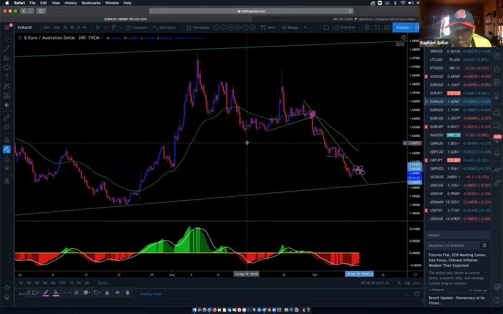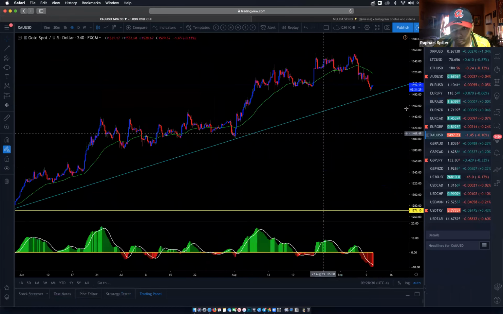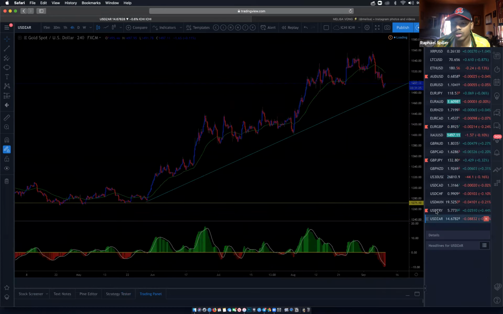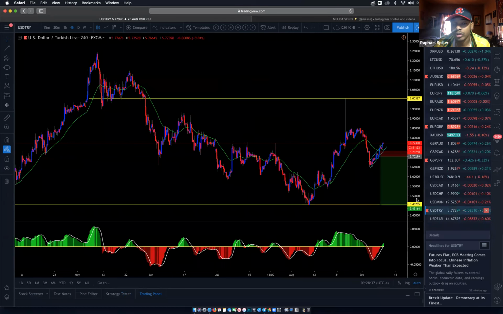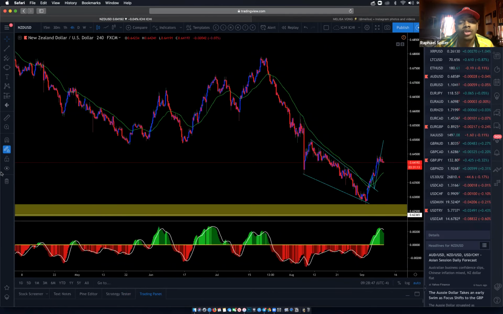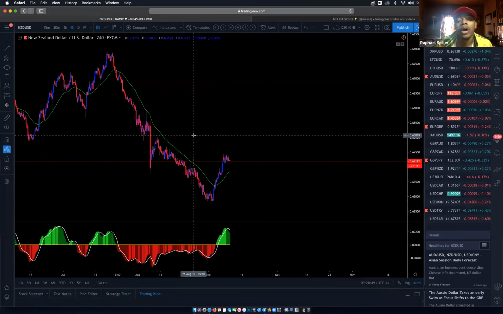Can you go over what makes a valid support and resistance zone? Yeah, of course. Let's go off the pair I haven't touched, NZD/USD. I don't really trade that much.